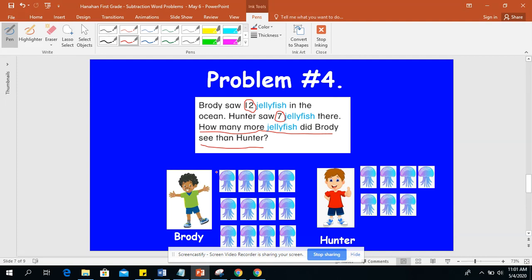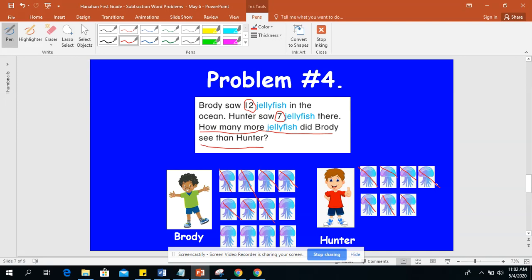So one thing we can do is compare by crossing out each jellyfish, and I'll show you what I mean. So if Brody saw one, so did Hunter. This is the second one they saw, the third one, fourth one, fifth one, sixth one, and the seventh one.